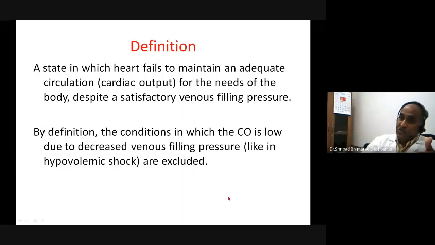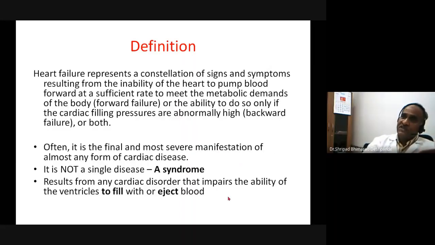Okay, so now we continue the definition. We try to understand the definition a little more because it's more complex than what we try to imagine. Heart failure represents a constellation, that is a group or cluster, of signs and symptoms resulting from the inability of the heart to pump blood forward at a sufficient rate to meet the metabolic demands of the body.